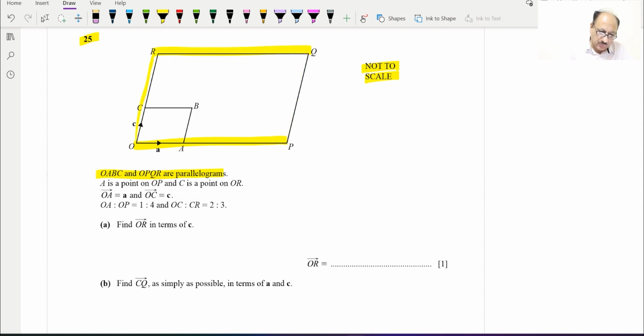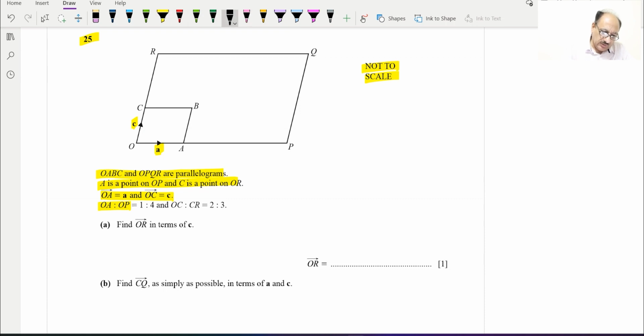Basically this is a parallelogram. Now A is the point on OP and C is the point on OR. OA is equal to A and OC is equal to C, and this one OA ratio OP is equal to 1:4.